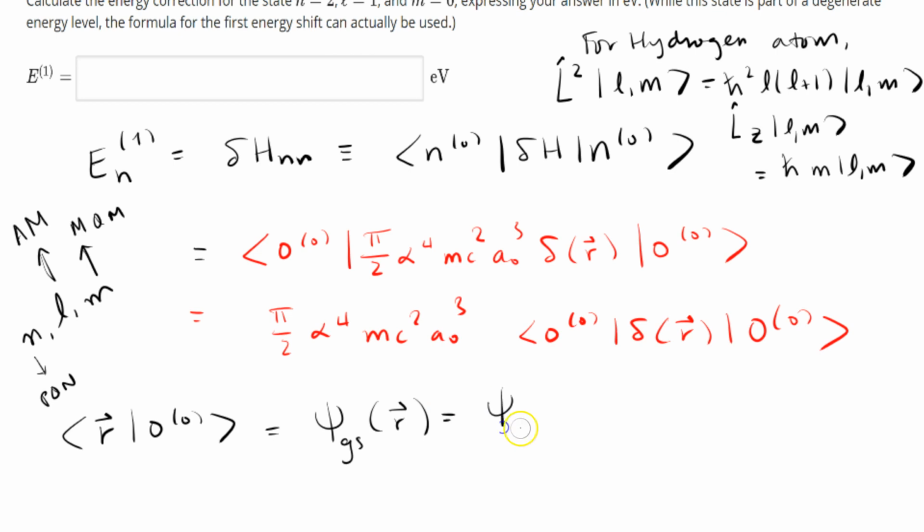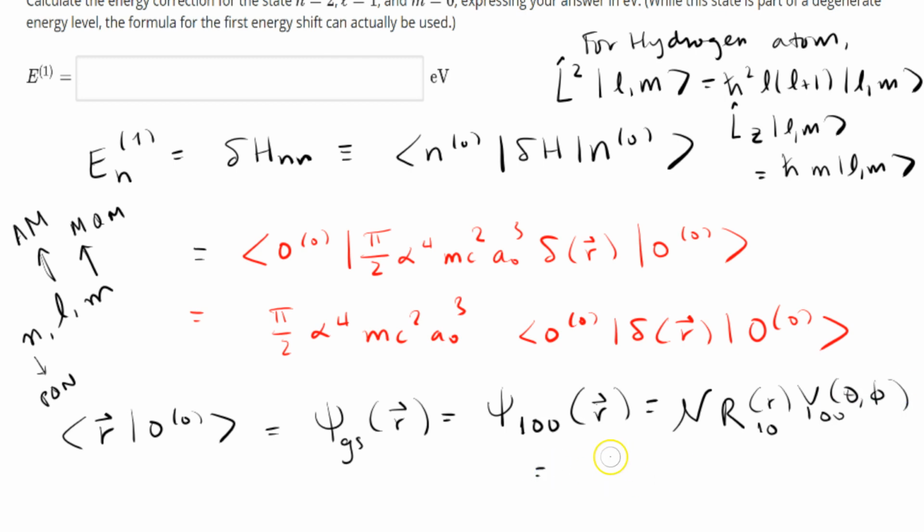So the ground state is written as 1, 0, 0. So n equals 1, L equals 0, M equals 0, and this is a function of r. And in fact, if you look this up, it's going to be some normalization constant, call it n, and then we're going to have the radial wave function 1, 0, a function of r, and then the spherical harmonic y 0, 0 of theta and phi.